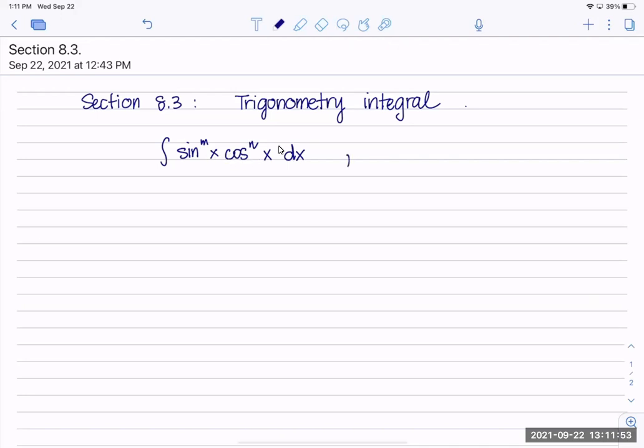We're also going to talk about secant to the power m of x and tangent to the power n of x. m and n can be any positive integer.